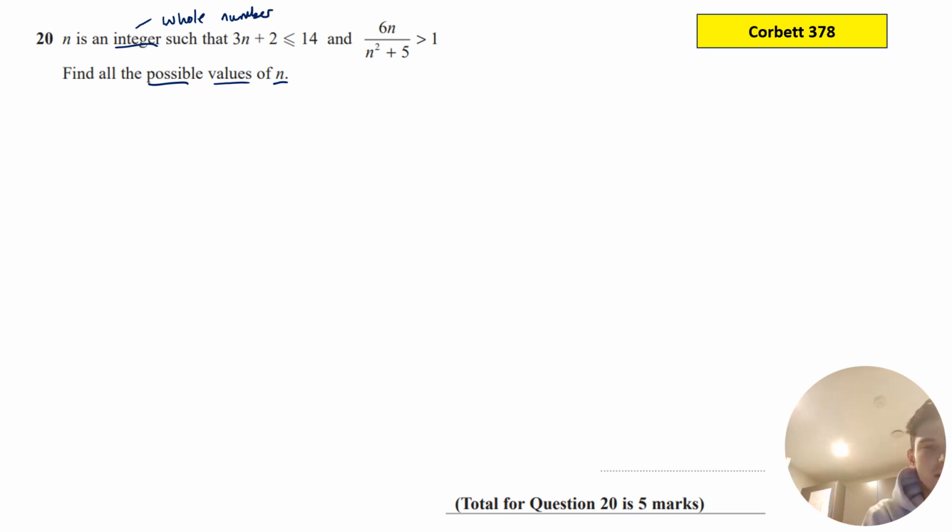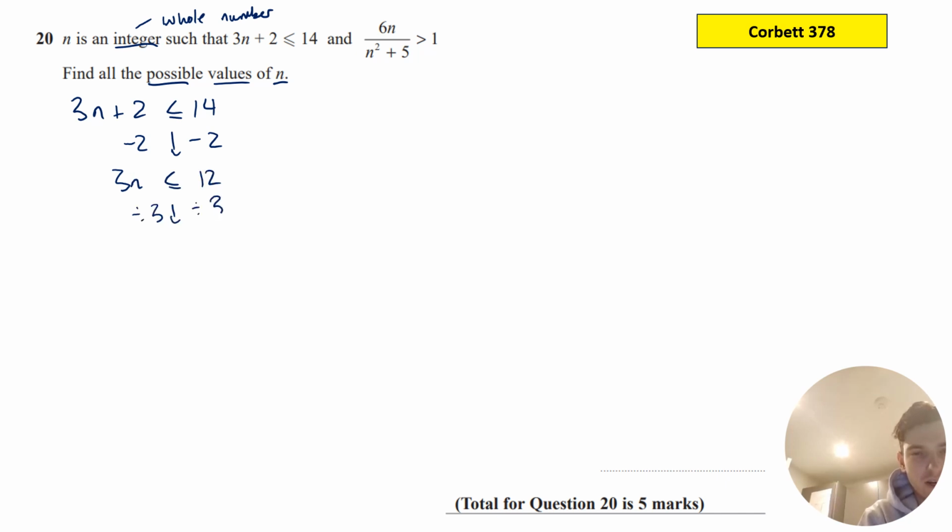So let's start off with 3n plus 2 smaller than or equal to 14. So I think this is a fairly easy one to solve. So I know that n must be less than or equal to 4. But the next one is a little bit harder. So let's write out 6n over n squared plus 5 is bigger than 1.